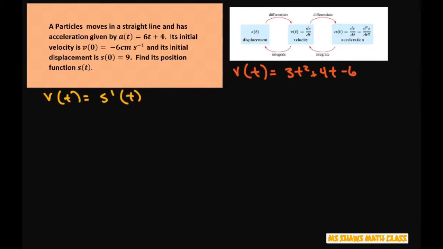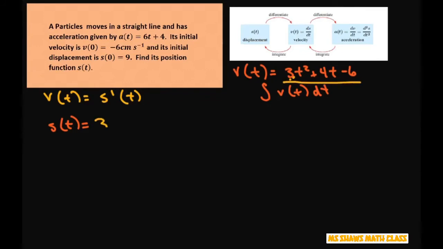So to get s of t, take the antiderivative, or you can do the integral of v of t dt. But we can just look at this and do that.